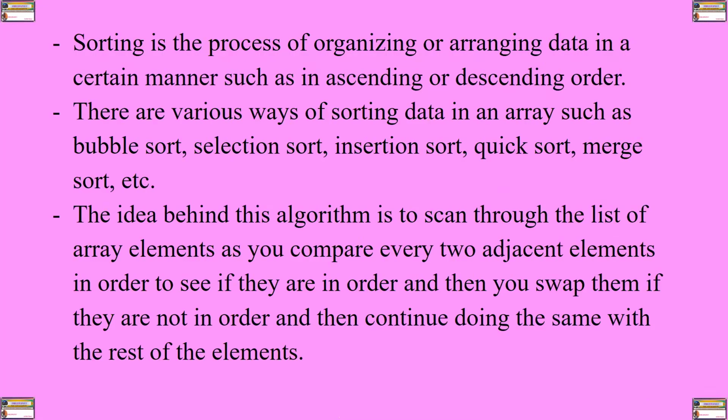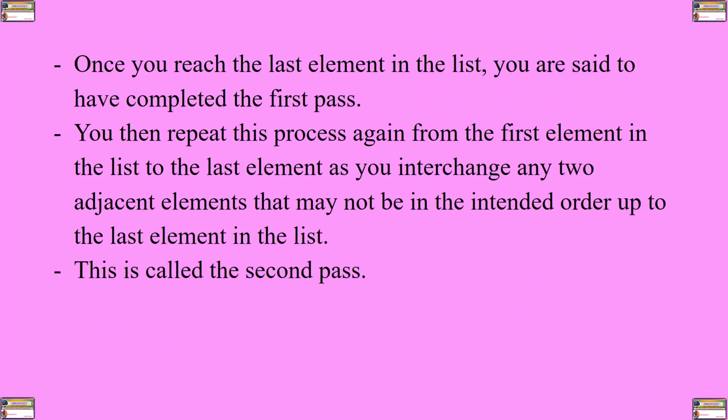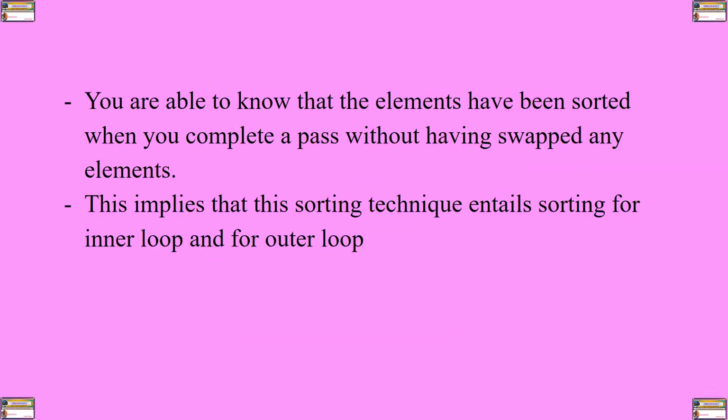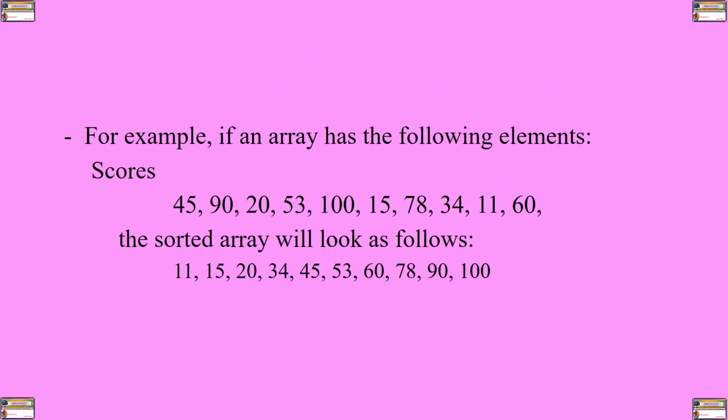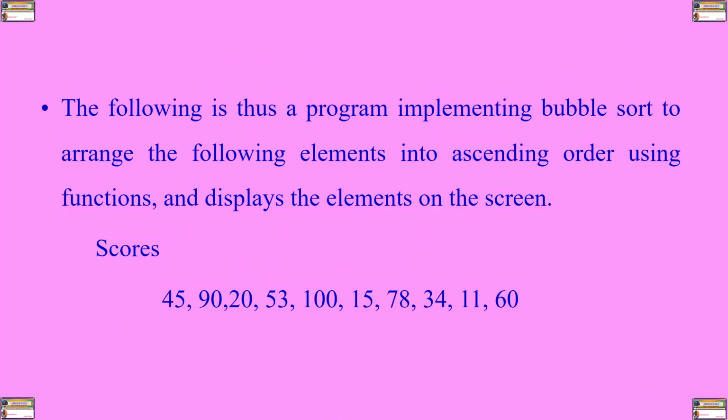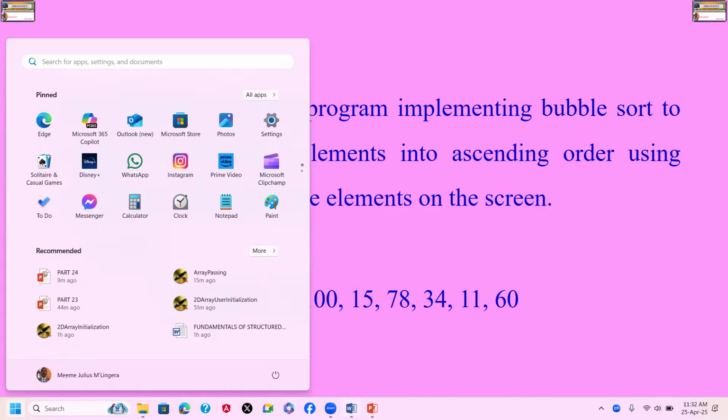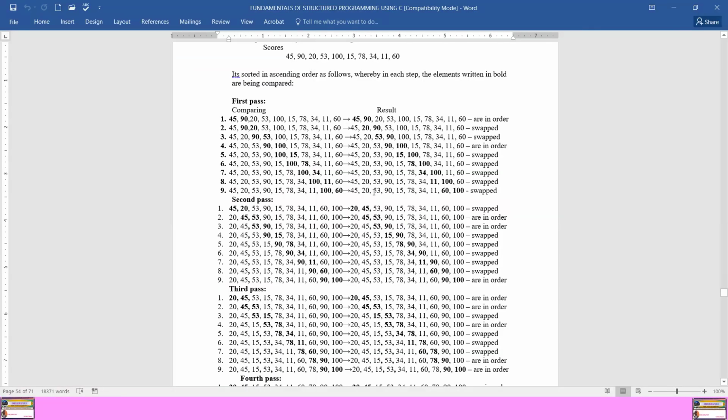And we have said that the sorting process entails interchanging or swapping elements that are not in order, and the process continues until all the elements have been sorted. So how does this process occur? I want you to have a look at this table here. This is where I have done the sorting for you.